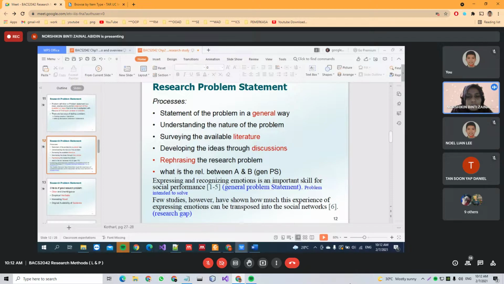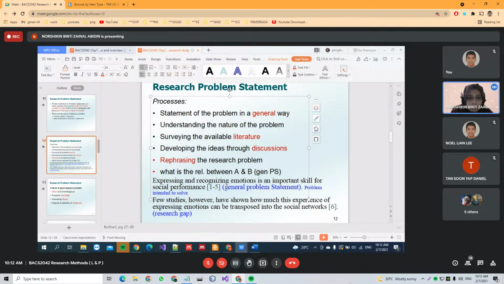So for this example, this is the general problem statement. Maybe you can write something like, because I do not know what your subject A and subject B are, what is the relationship between A and B?